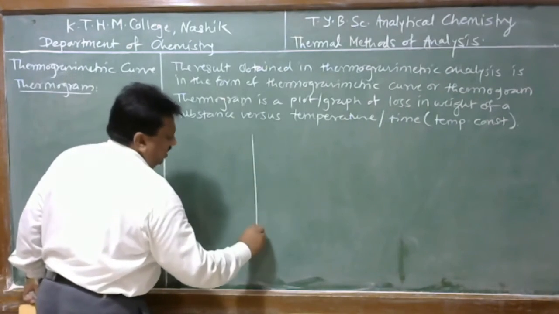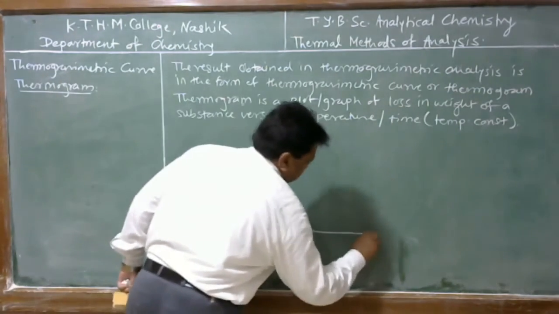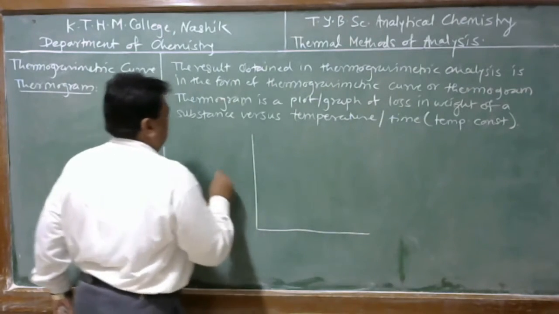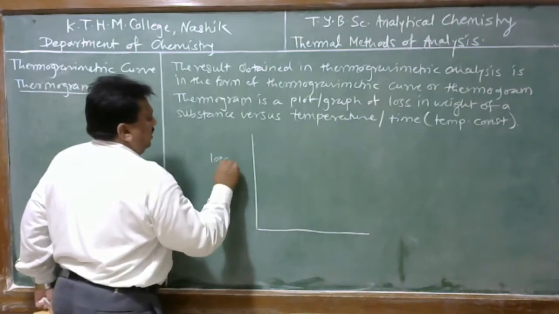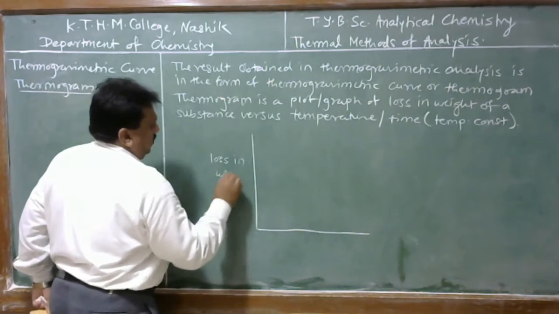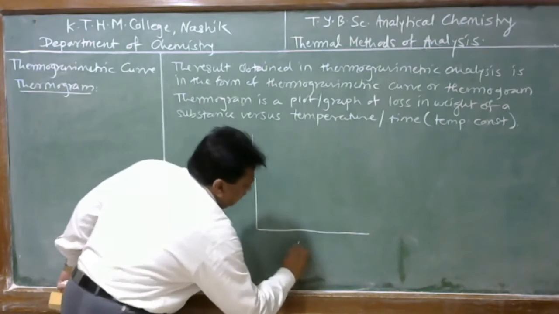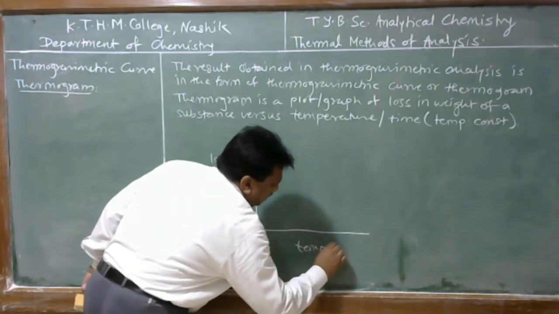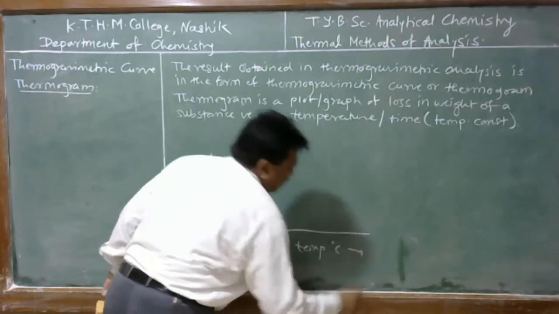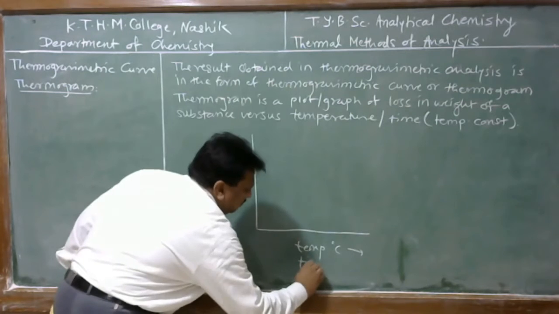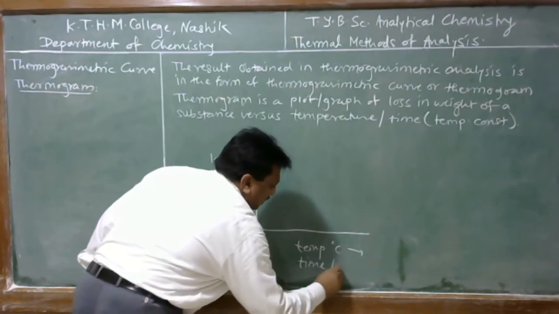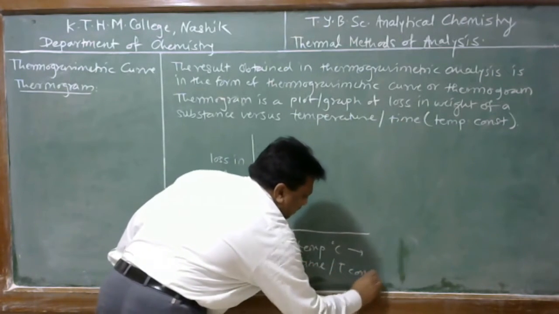This thermogravimetric curve is like this. Here, loss in weight in gram or milligram, and here temperature in degrees centigrade, or sometimes it may be time when temperature is constant.